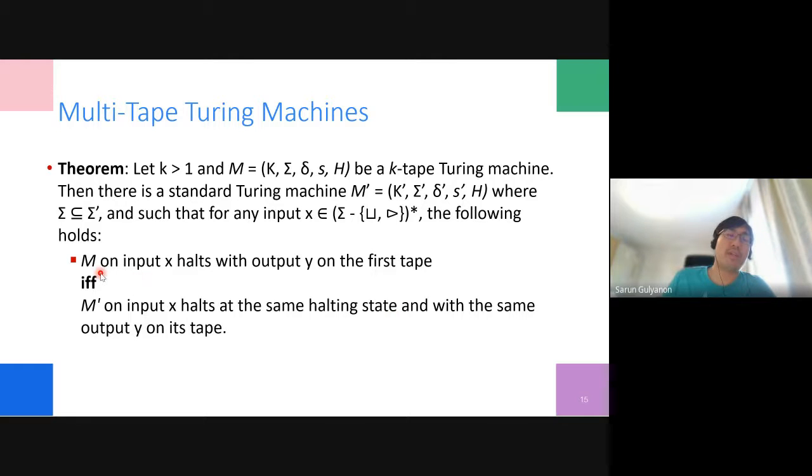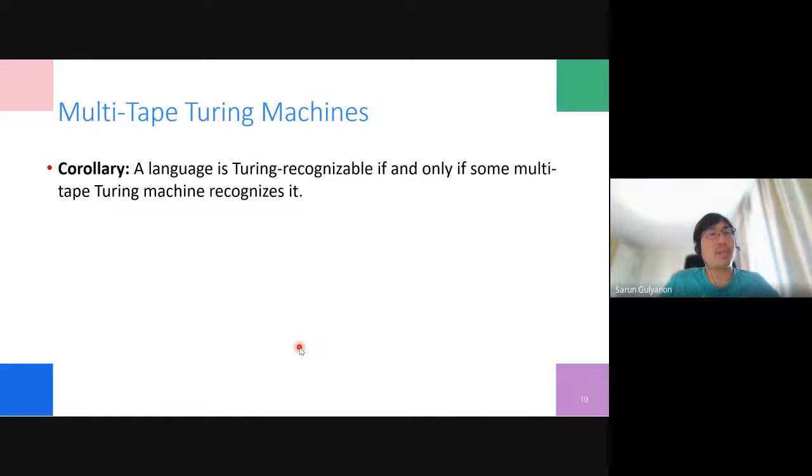If the machine halts on input x, the standard Turing machine M prime also halts on it, and if not, then it may loop forever or reject. That also applies here, and that is pretty much the definition of recognizable.